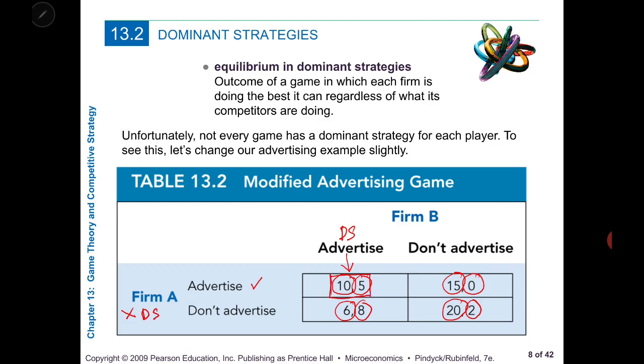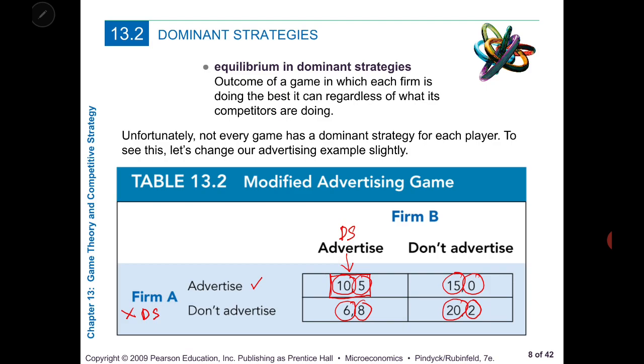All right, but what's the difference between this equilibrium and the one before? In the previous case, the equilibrium was found in clear dominant strategies of both firms. In this case, firm A is deciding based on what it thinks firm B will decide, because firm A does not have its own dominant strategy.